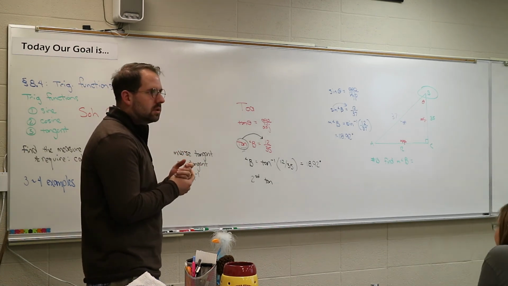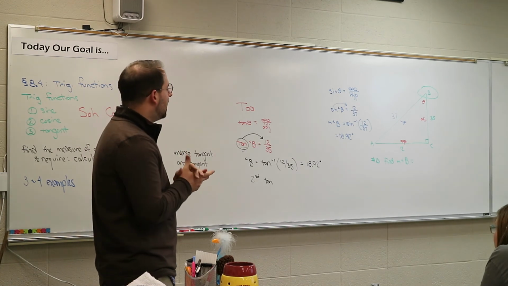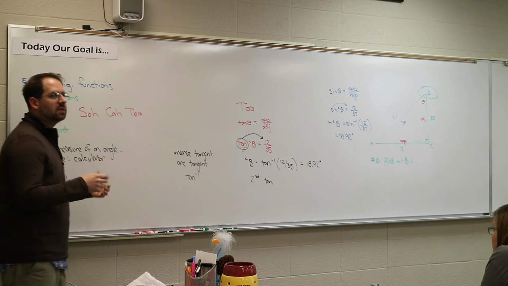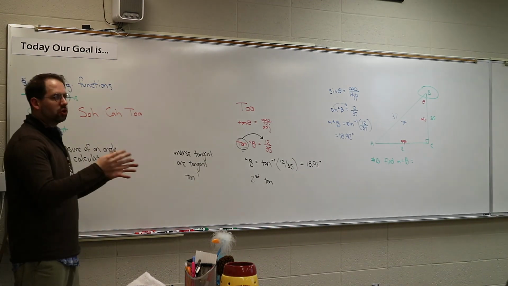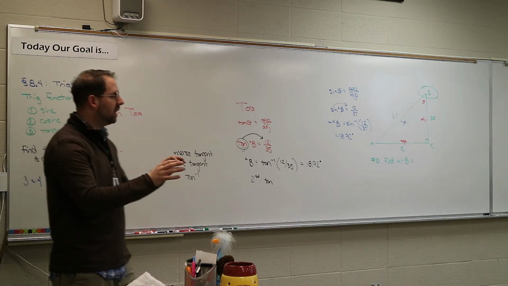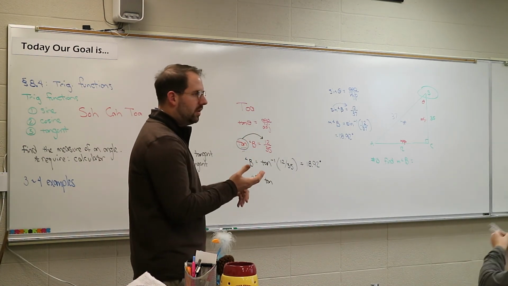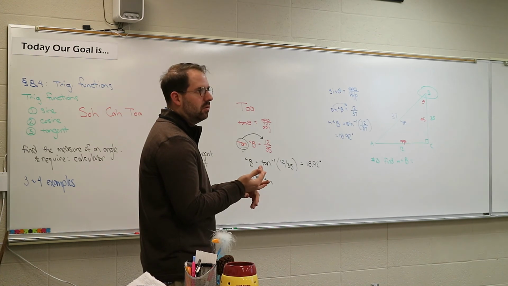Okay, questions. The last problem in your homework, because I've done enough examples today, gives you a triangle where there are only a few numbers on it, and they want you to find everything else in the triangle. They want you to find all the angles that are left and all the walls, so you're going to have to do multiple steps.